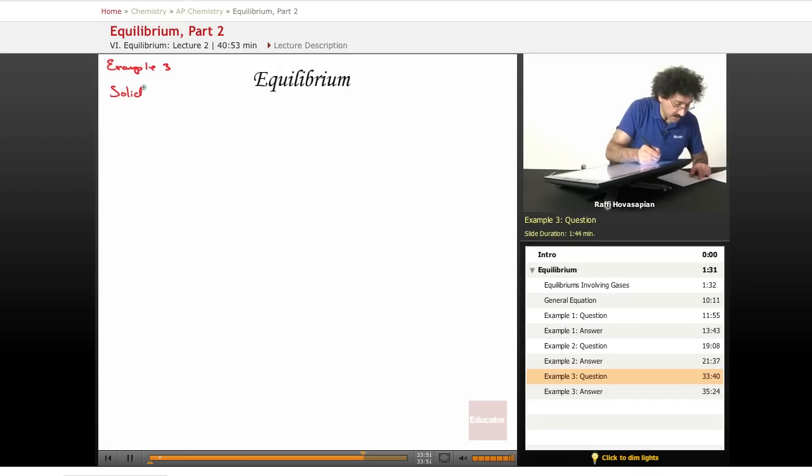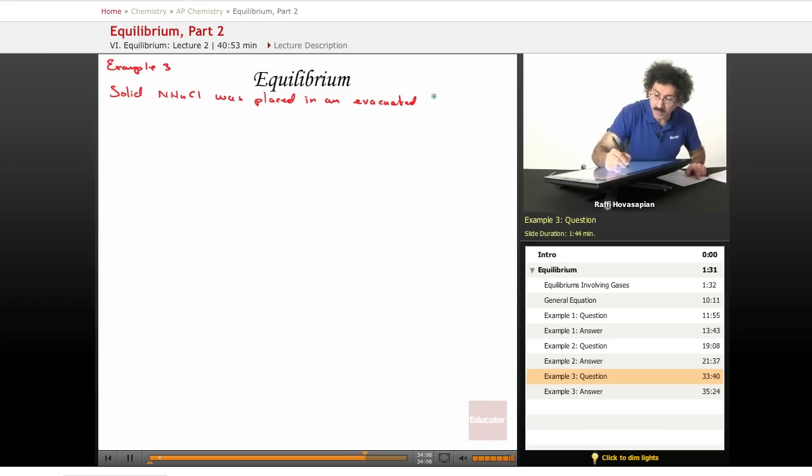We have solid ammonium chloride, NH4Cl, that was placed in an evacuated chamber. Then heated.